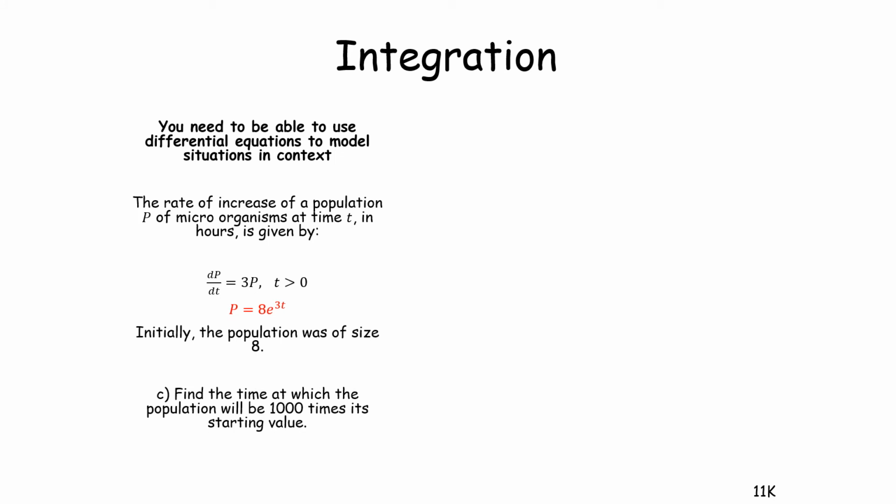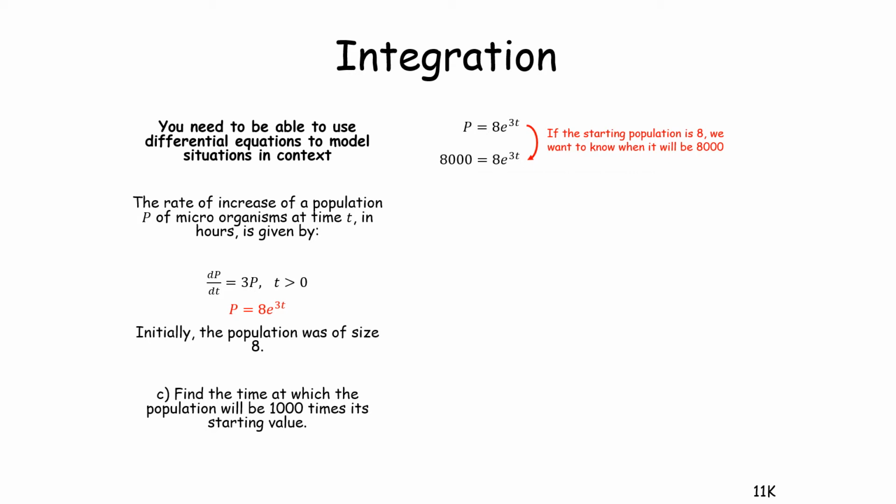Now part C of this question says find the time at which the population will be 1,000 times its starting value. We know we started off with 8, so that means we want to know what value t will be when p is 8,000.